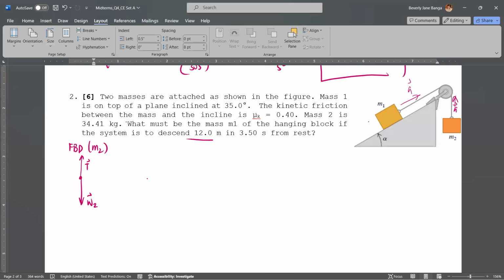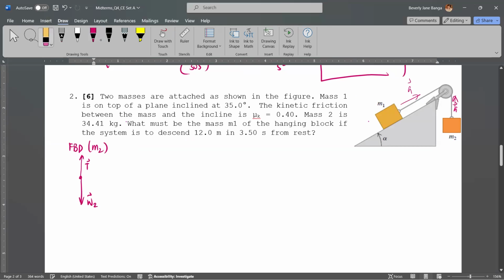So, descend 12 meters. So, it will descend 12 meters from rest. Okay? So, galing siya sa zero, gagalaw siya. So, is it increasing in speed or decreasing in speed? So, habang pababa siya, it is increasing in speed.